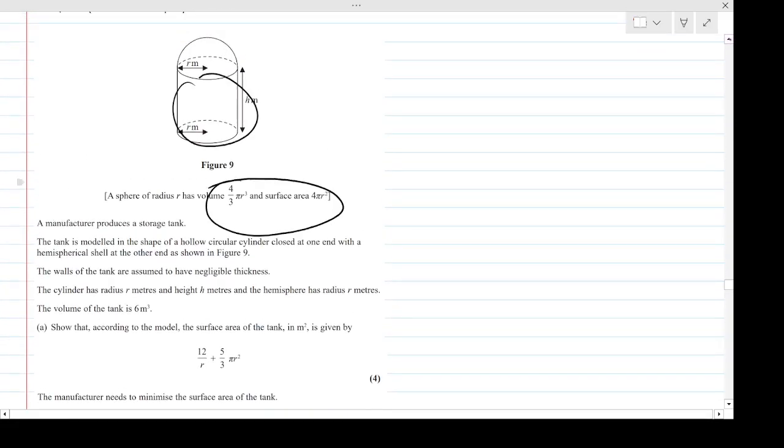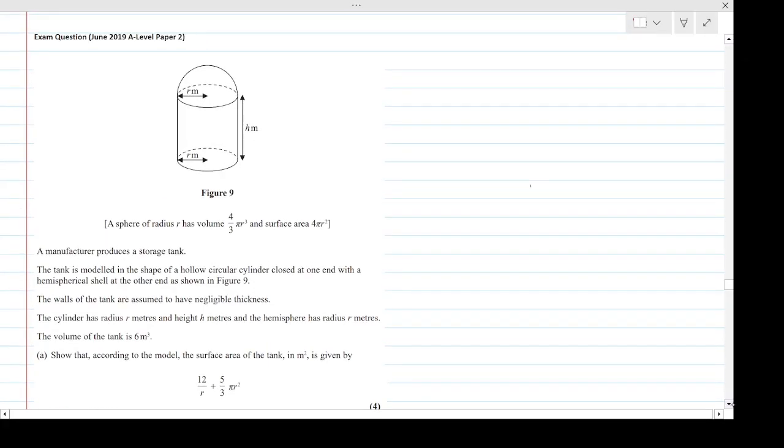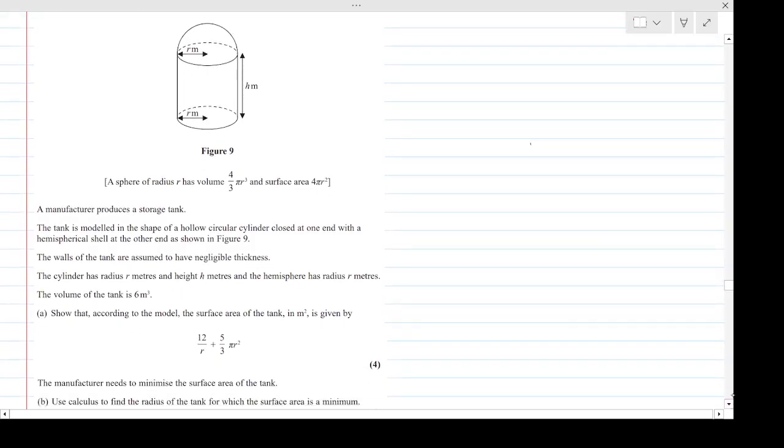Anyway, so we're told a manufacturer produces a storage tank, which looks like this. The tank is modelled in the shape of a hollow circular cylinder here, closed at one end with a hemisphere here, which is half of a sphere.